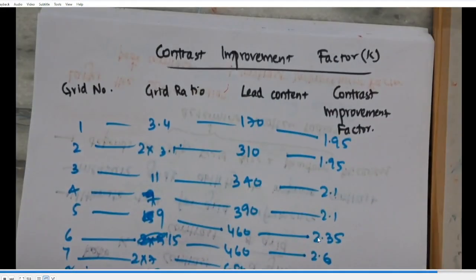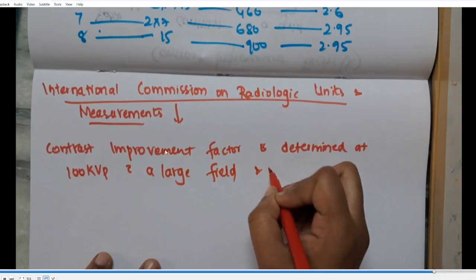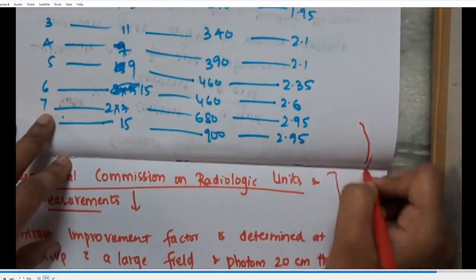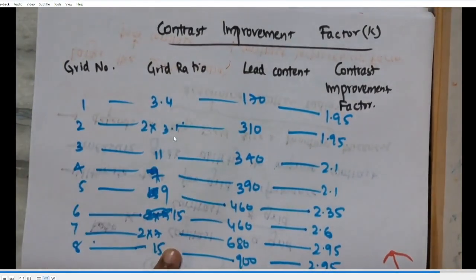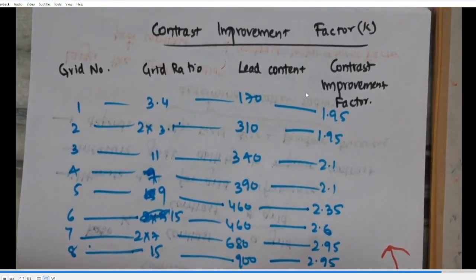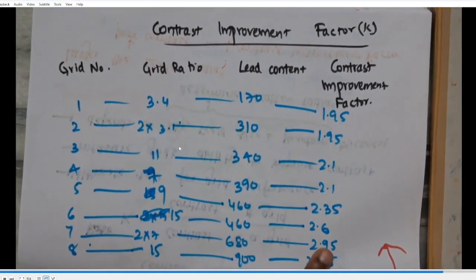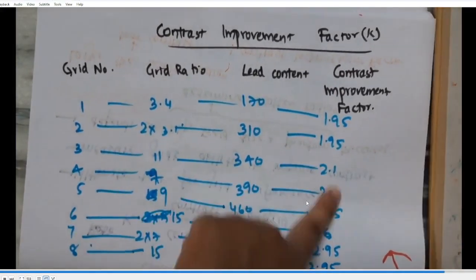This parameter is mainly recommended by the International Commission on Radiological Units and Measurements. So this is the table we got by a similar measurement. Here we used 8 different grids, and the contrast improvement factor, lead content and grid ratio of all 8 grids is given.